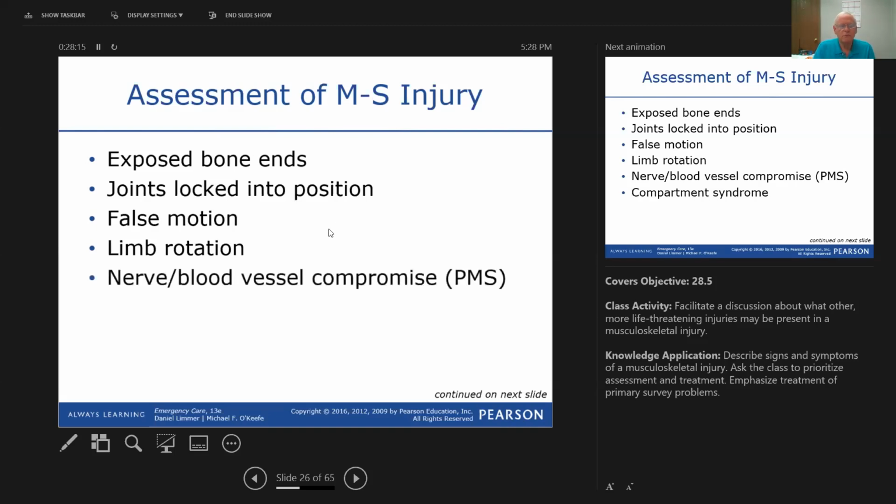Also, when you're assessing, obviously we do our pulse, motor, and sensation checks on all four extremities. So we're looking for blood vessel compromise, nerve compromise. So you may have decreased sensation. They can't tell you what finger you're touching. You may have decreased pulses.